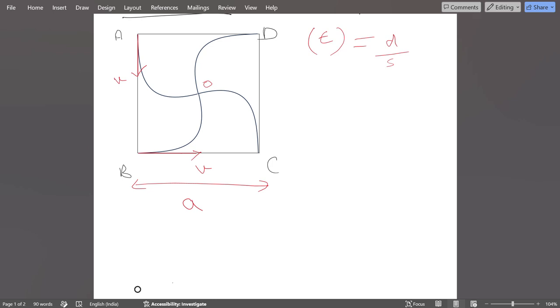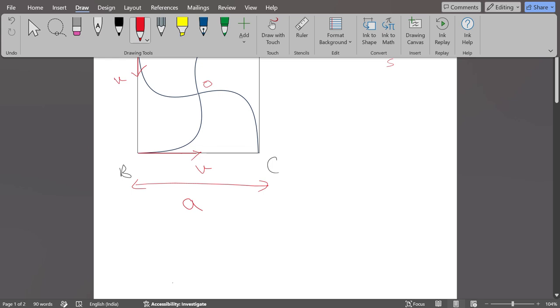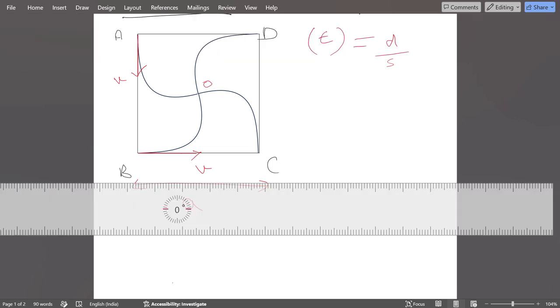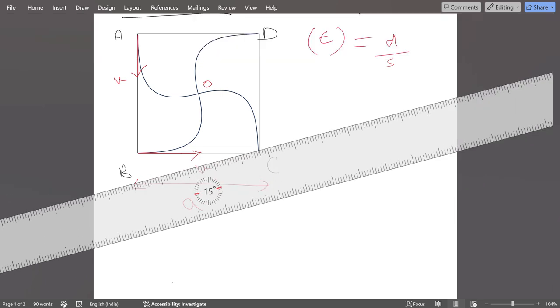Okay, so as for the speed, we can do one thing. I'll take a ruler to make it clean and tidy.